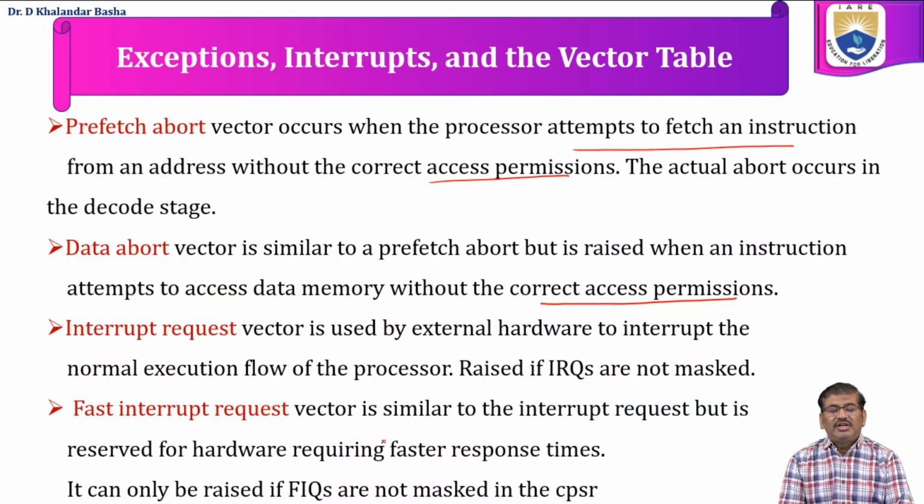The next one is fast interrupt request. This vector is similar to interrupt request but is reserved for hardware requiring fast response. So it can be raised if FIQs are not masked in the CPSR register.